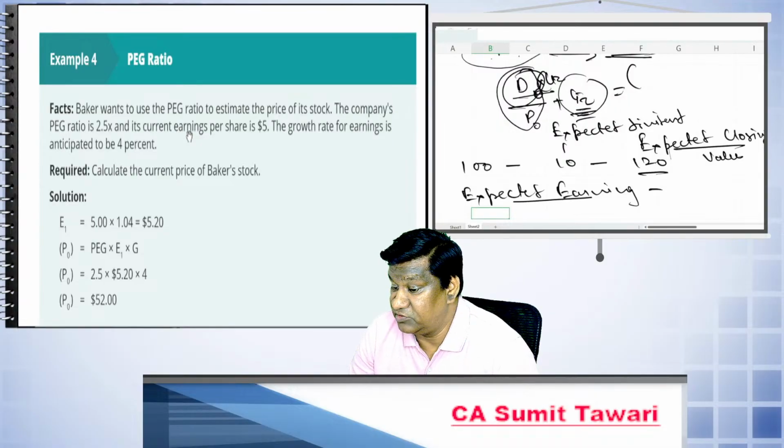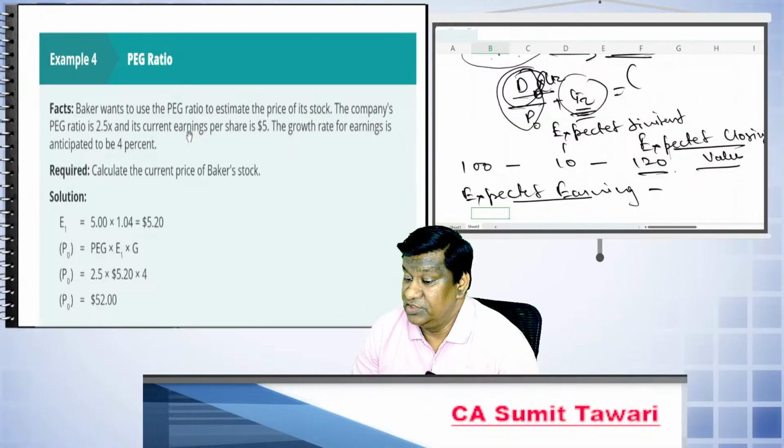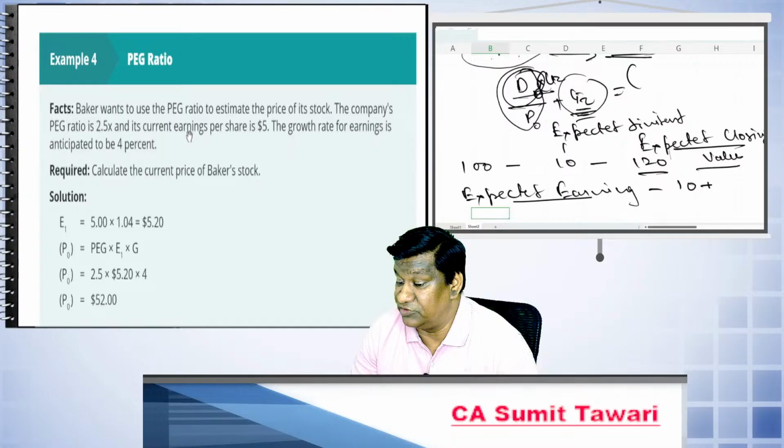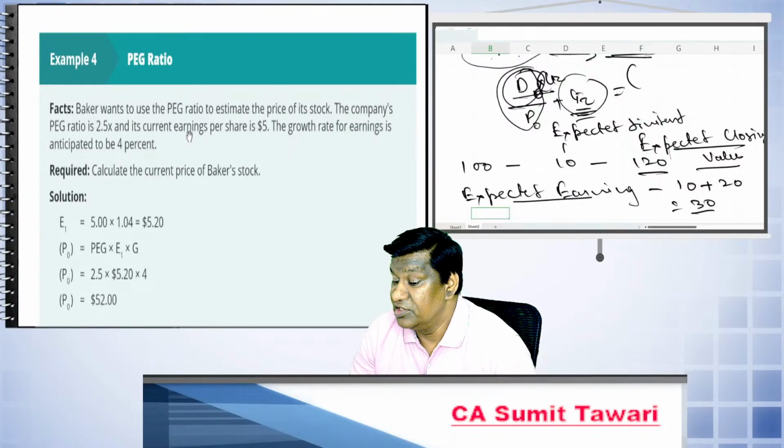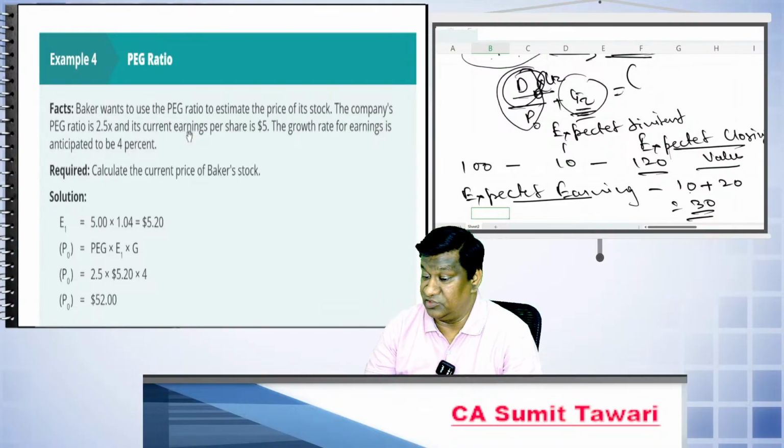This is the expected closing value of the shares. So my expected earning is the 10 which I receive plus the appreciation in the value of the share. So it is 30. So whenever I am calculating, I need to use this number.